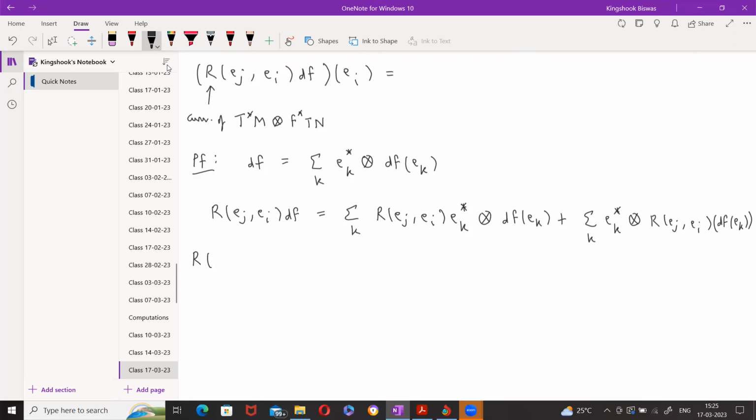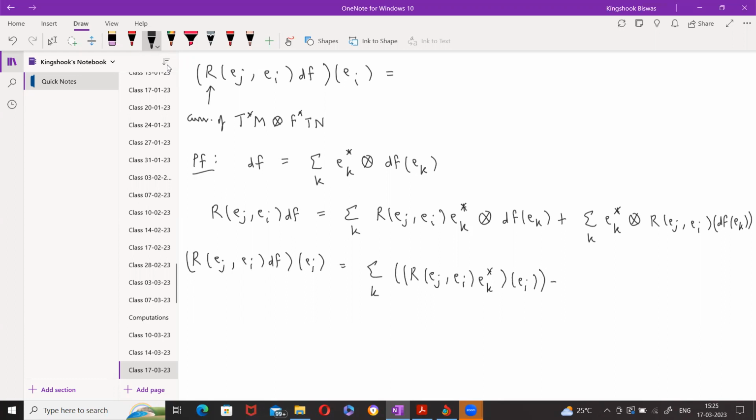If I apply this whole thing to E_I now, what will I get? R of E_J, E_I, DF, the whole thing applied to E_I. The dual elements are going to act on the E_I, right? So in this sum over K, I get sum over K of R of E_J, E_I, E_K star, this whole thing acting on E_I.